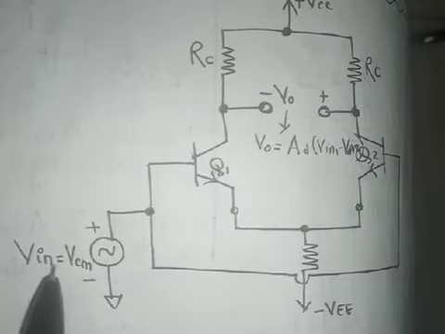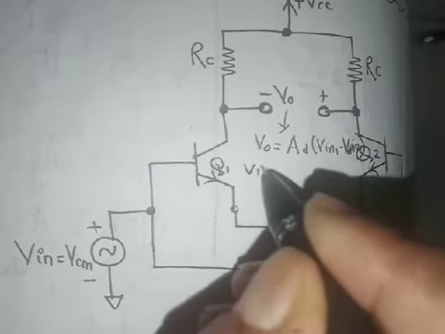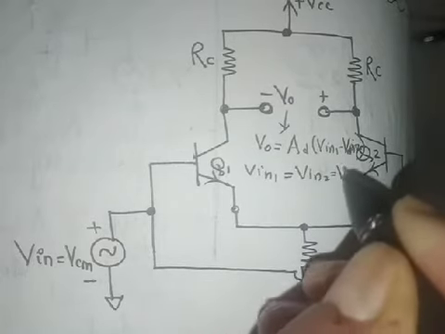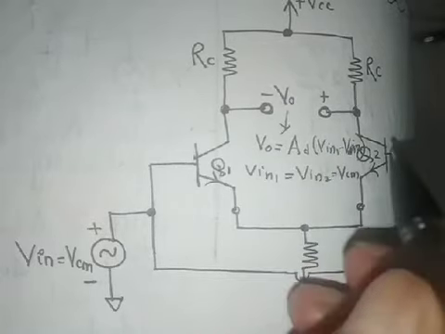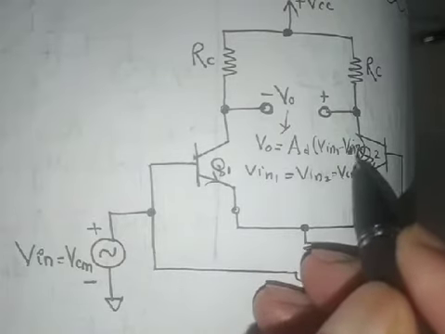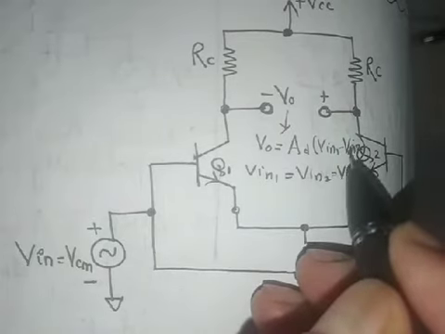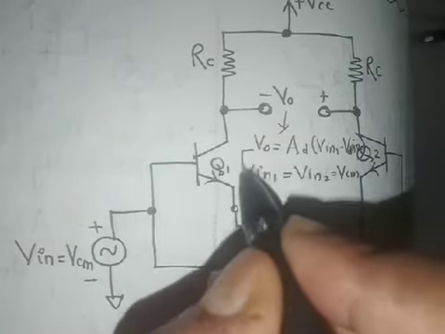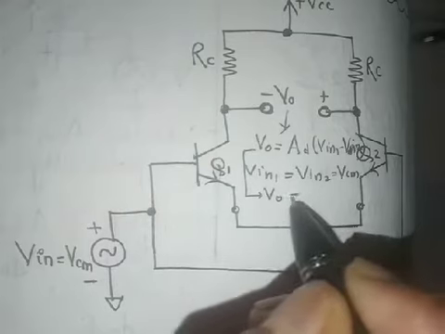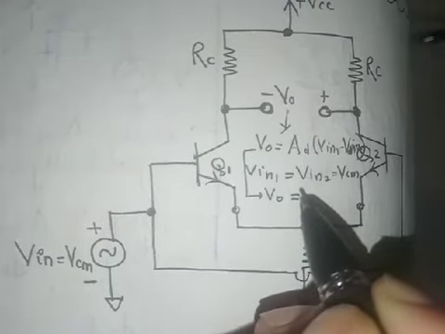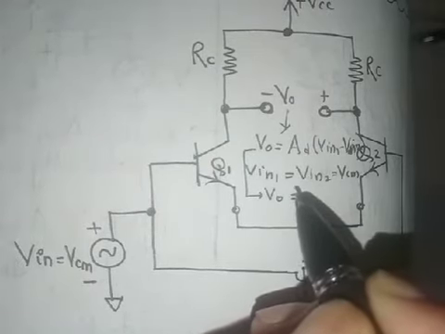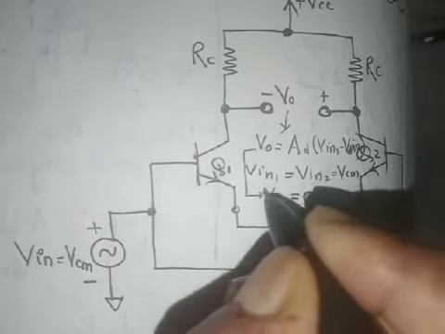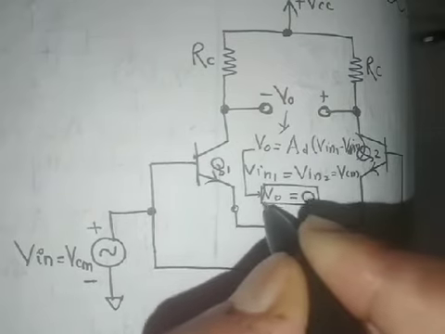And when V in 1 is equal to V in 2 is equal to VCM, here V in 1 is also equal to VCM and V in 2 is also equal to VCM. Both are the same, and ideally at the output, when we operate the differential amplifier in a common mode configuration, the output becomes exactly equal to 0.